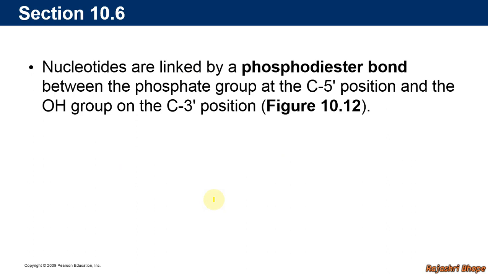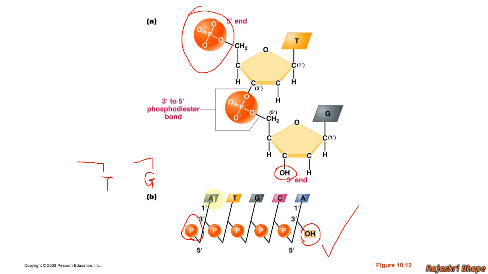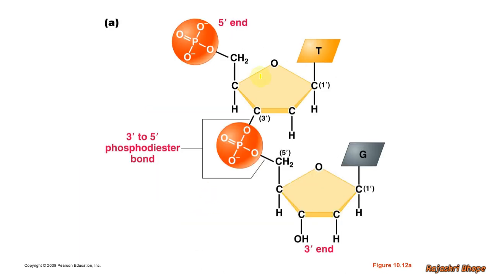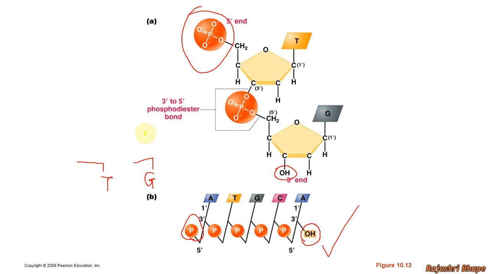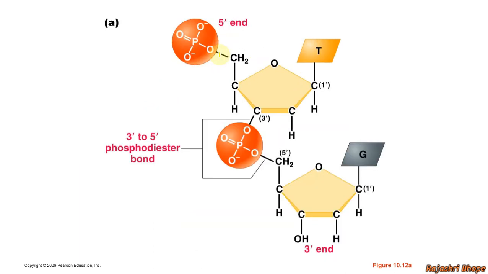Nucleotides are linked together with a phosphodiester bond. I'll show you how. Now see this one. These two, say this is thymine and this is guanine.